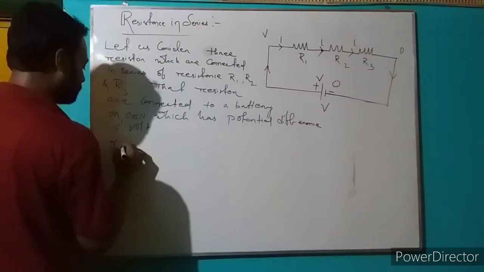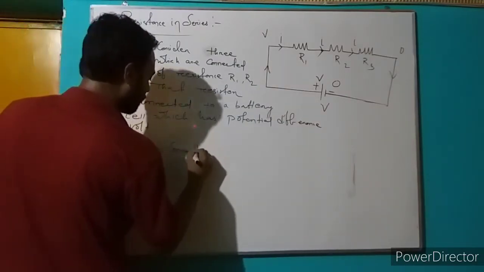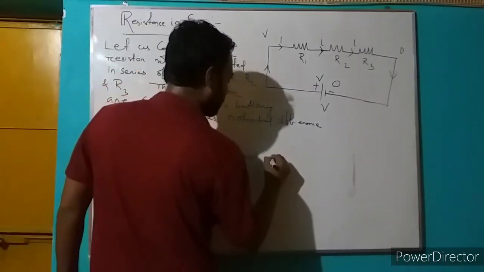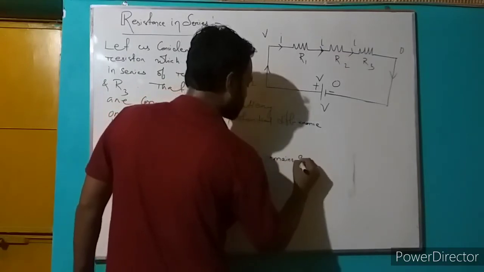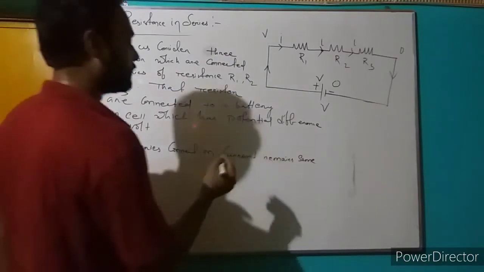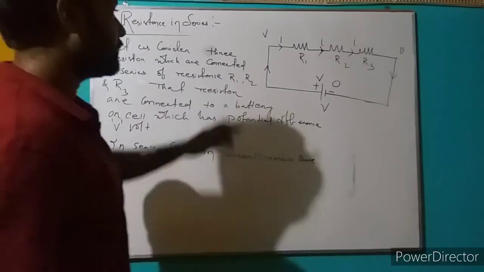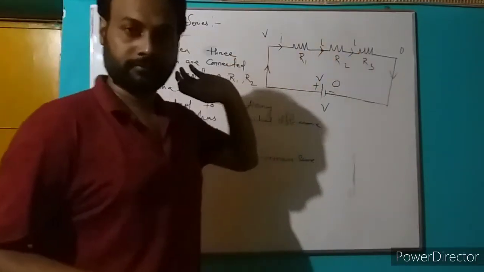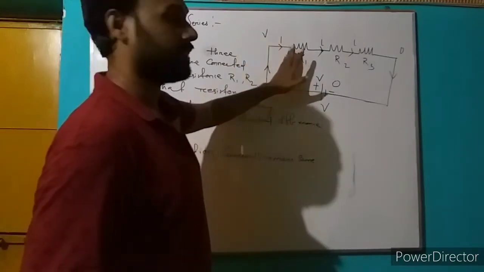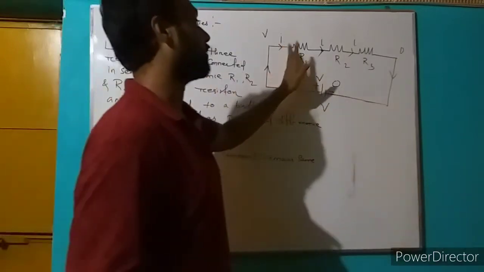In series connection, current I remains the same, but there is a potential difference across each resistor, and that potential difference becomes different across each resistor.